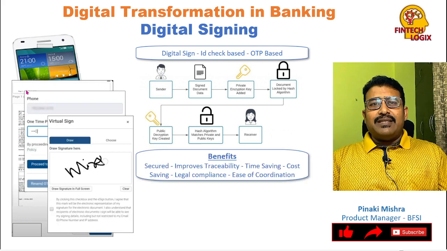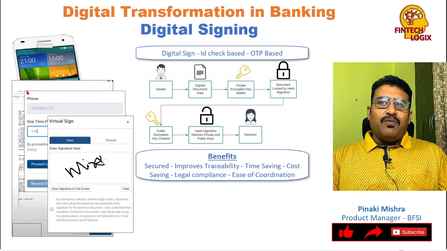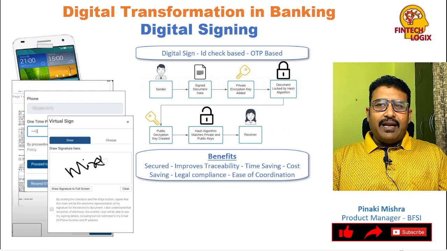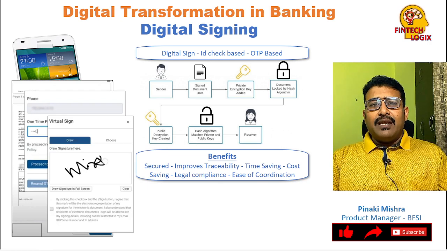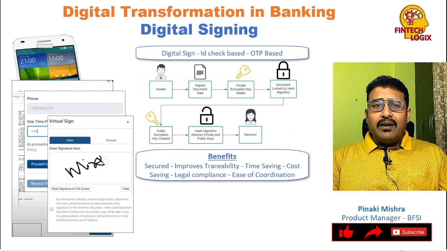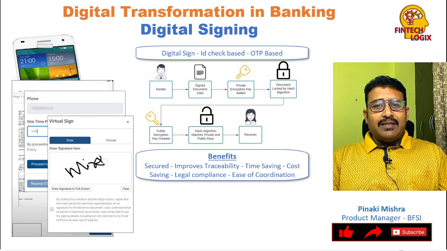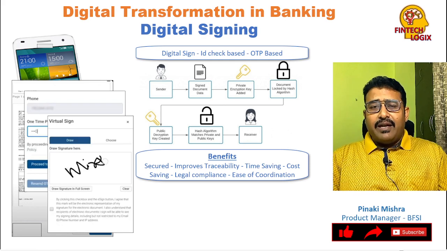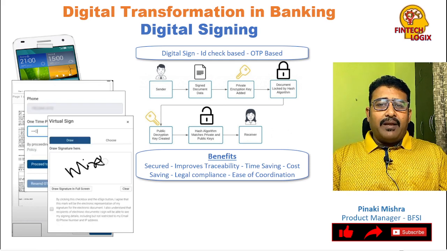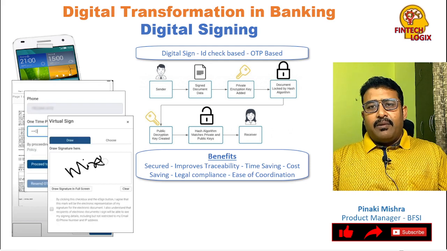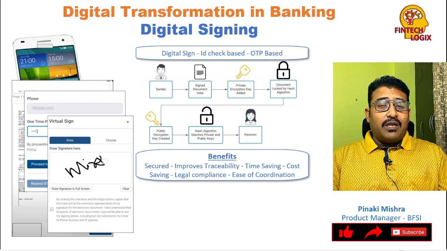Now how is this helping, right? The first thing is that this is definitely a more secured mode than the previously happening physical document transfer. At the time of traversal from one party to other, there are chances of these critical documents being leaked, which is actually not the case here.